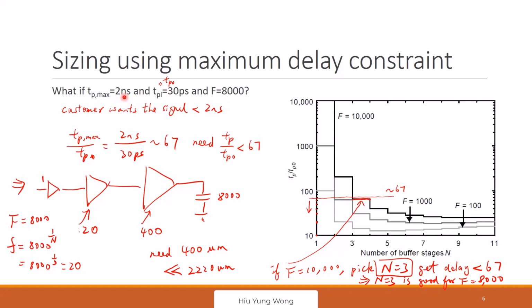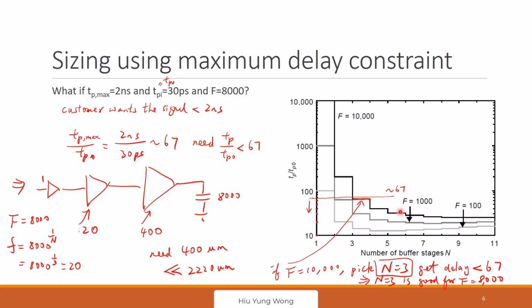Yes, Professor. Can you explain again why we chose n equal to 3? First of all, this gives us the delay for different numbers of stages for a given f. In our case, we look at the f equal to 10,000 curve because it's just above 8,000.